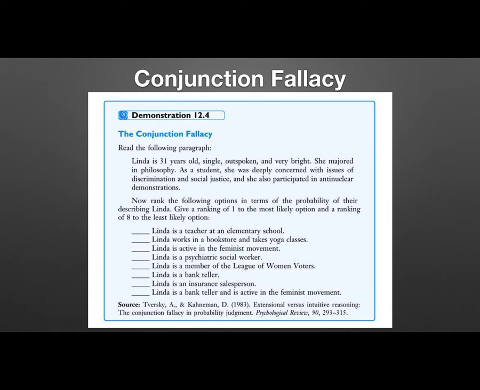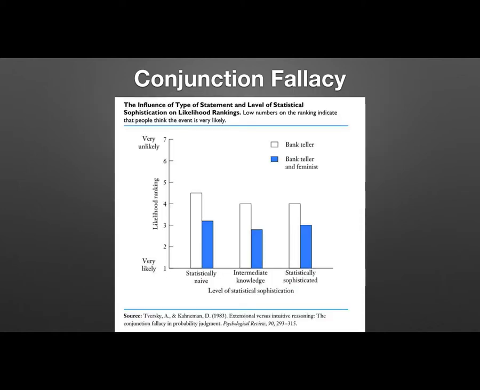We asked 3 groups of people about this: the naive, the knowledgeable, and the sophisticated. These were undergraduates, graduate students who had completed several stats courses, and then PhD students getting their PhD in decision sciences, I think is what they called it, who had done a lot of coursework about this.